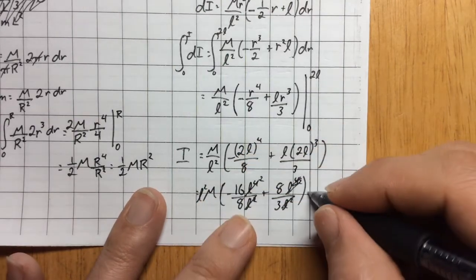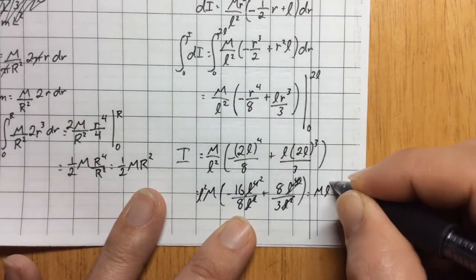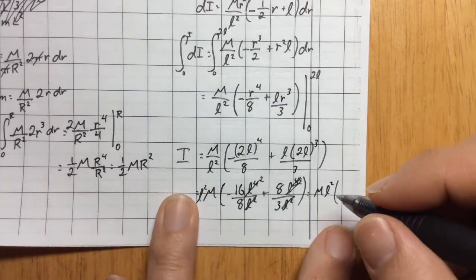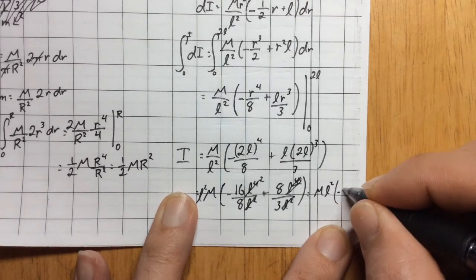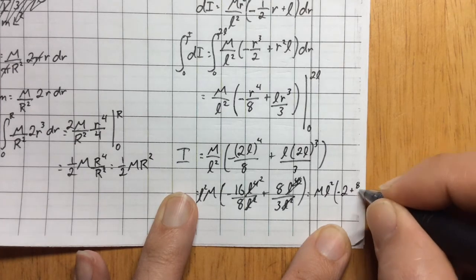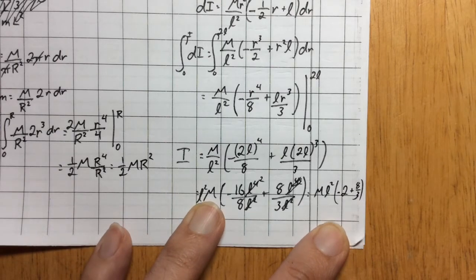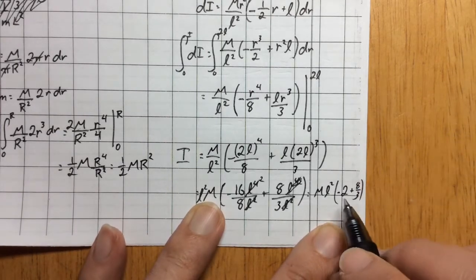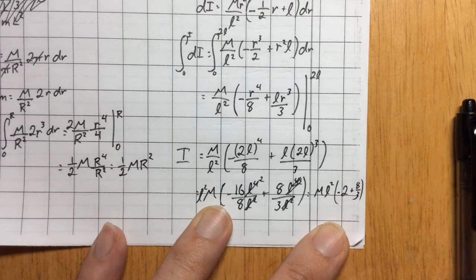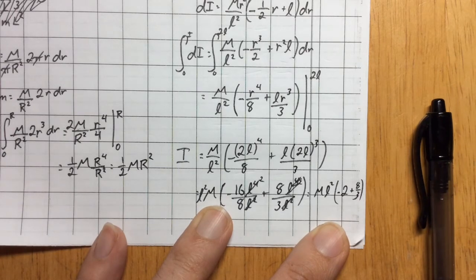Okay, and so now we have M L squared. And these fractions in here, I've got negative 16 over 8, that's negative 2, plus 8 over 3.